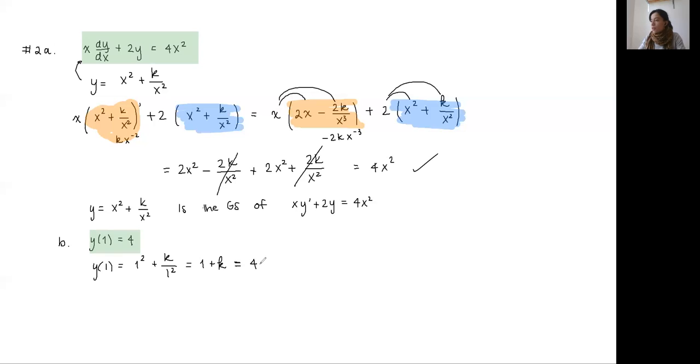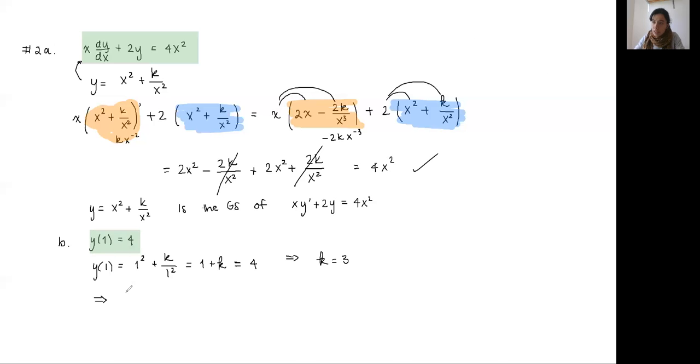So I set up the equation and then I solve it, right? I'm finding the value of k that makes this equation true. If 1 plus k is equal to 4, then k has to be equal to 3. That tells me that the equation is going to be satisfied by a function of this form where k is equal to 3.